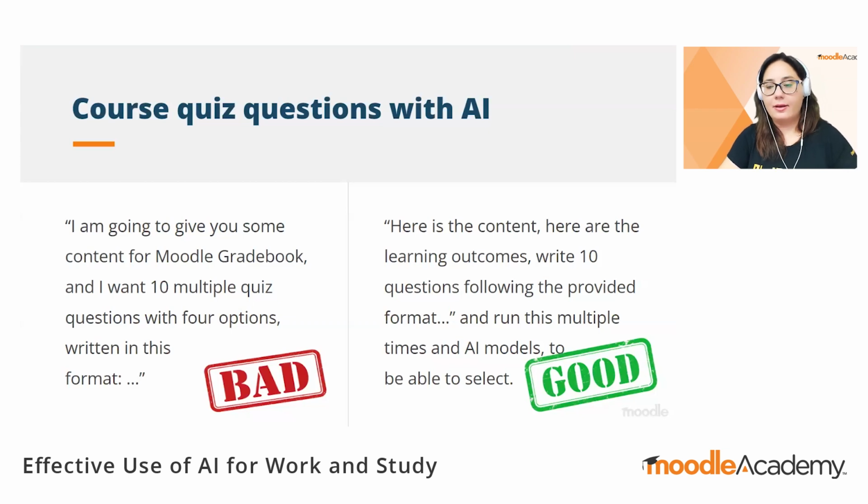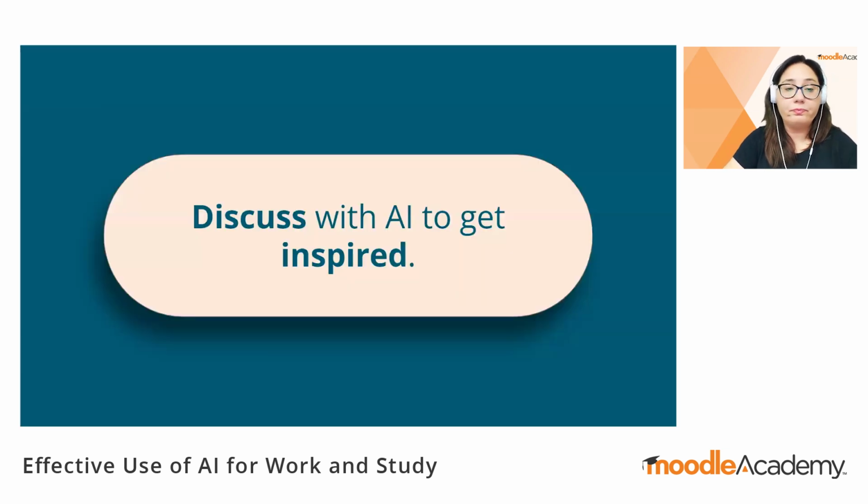If you write courses and quiz questions, I'm sure you felt this. You can understand what I'm talking about. And I can say that this saved me a significant amount of time. So sometimes it's worth discussing with AI to get inspired.